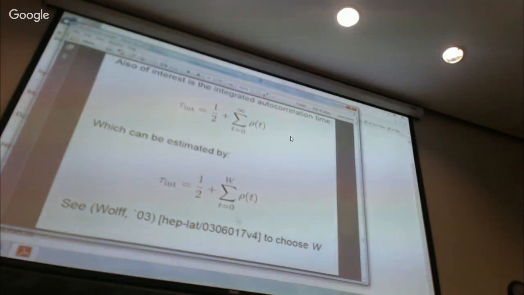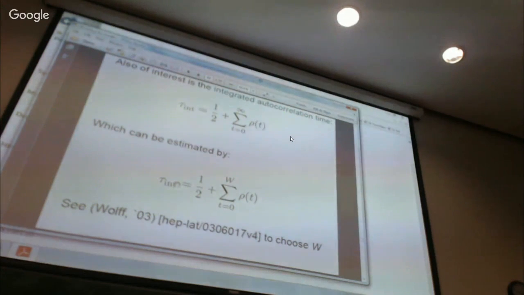There's a very sensible way to choose this W by making a compromise between the truncation error that you get, and therefore a systematic error in the estimate of tau int, and the statistical error that you have on rho because of this finite data set size.